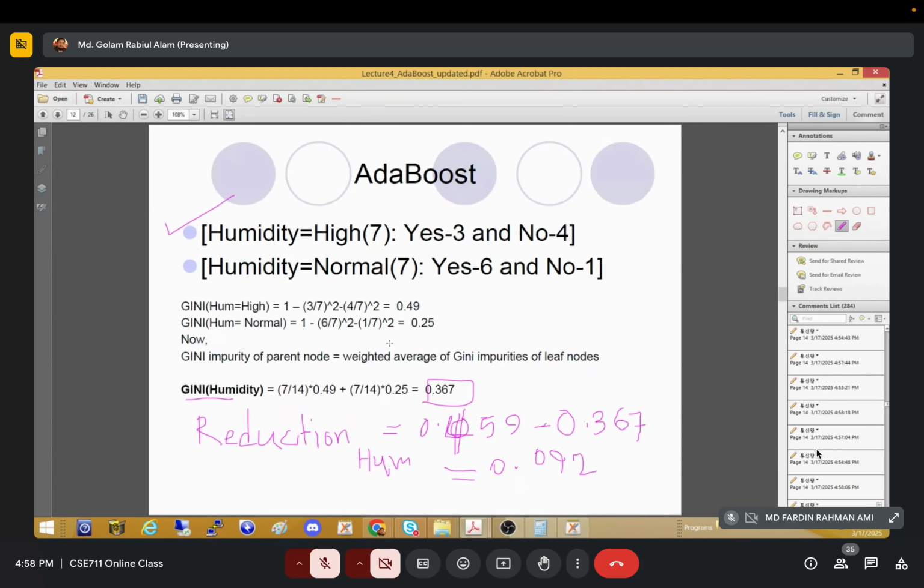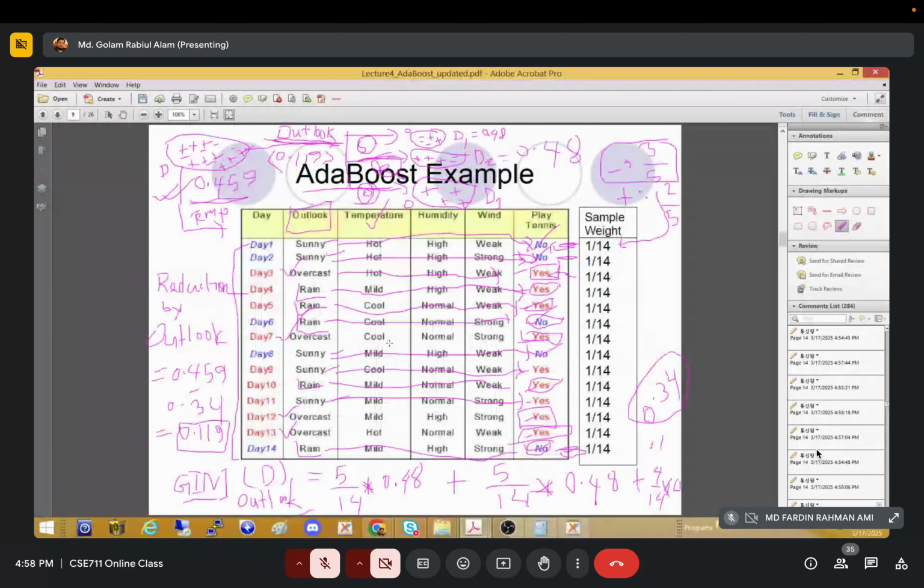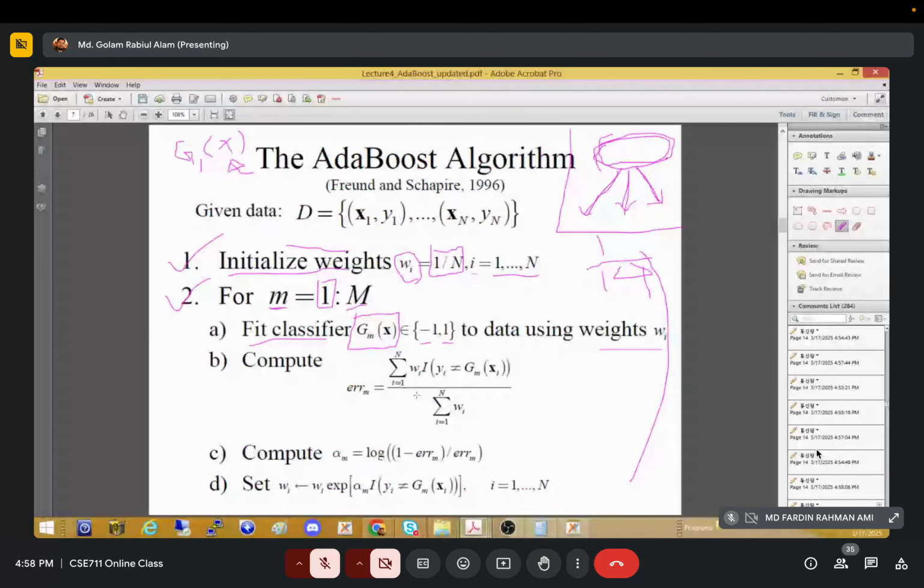If we go back to our algorithm, you can see fit classifier. That means we have to develop one classifier, that is, develop one stump, and that is G1.